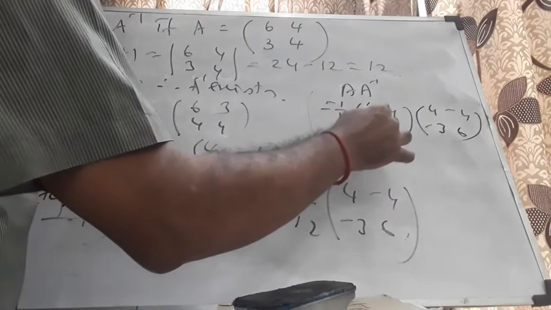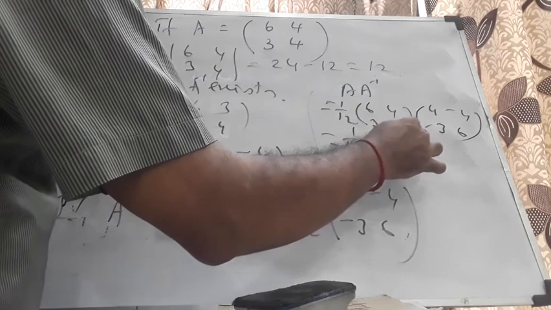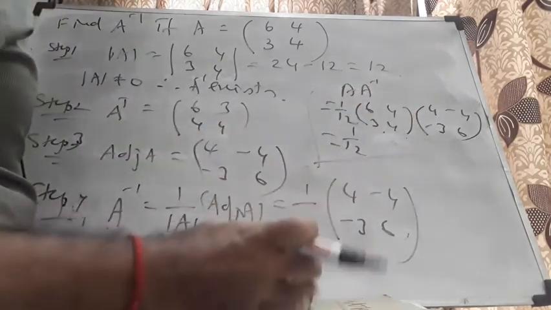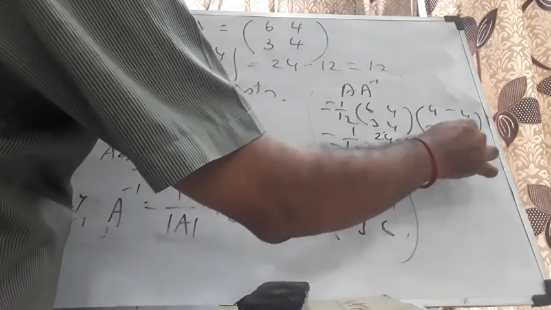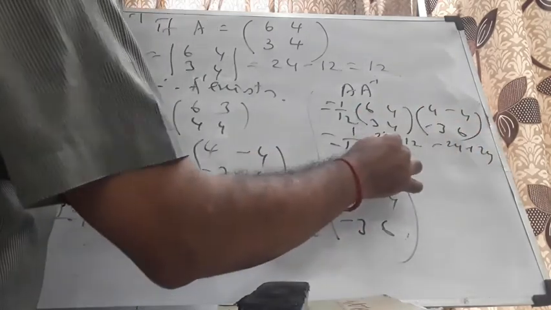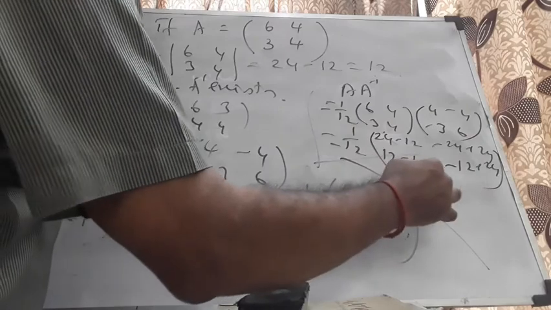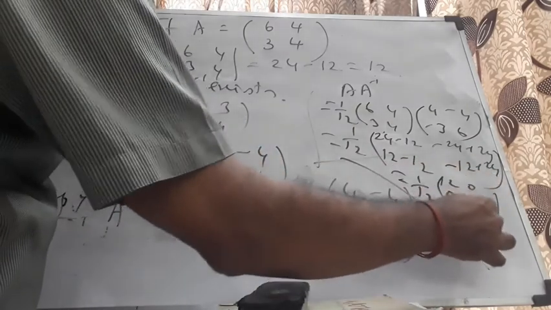You get 24 minus 12, minus 24 plus 24, 12 minus 12, minus 12 plus 24. Therefore, it reduces to 1 by 12 into 12 0 0 12, this is 1 0 0 1.